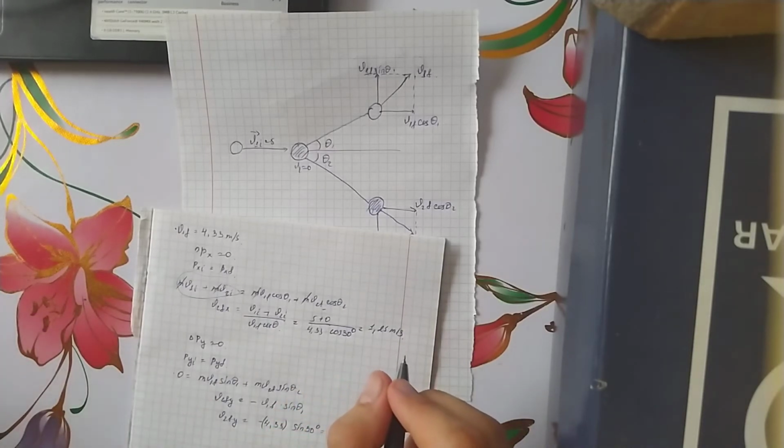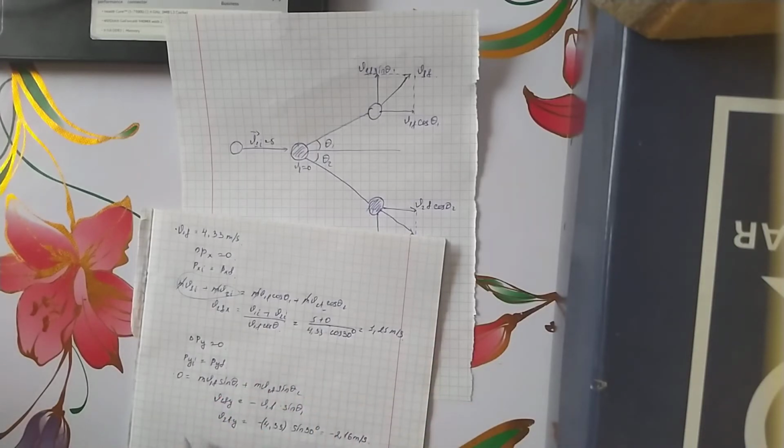So hence the magnitude of the final velocity of the struck ball is from the Pythagorean theorem.